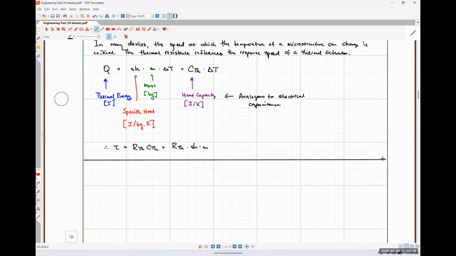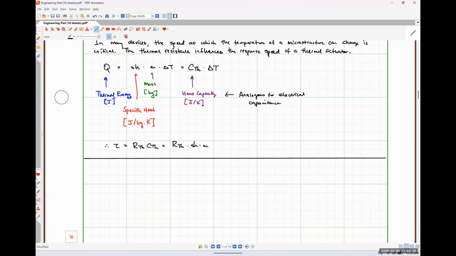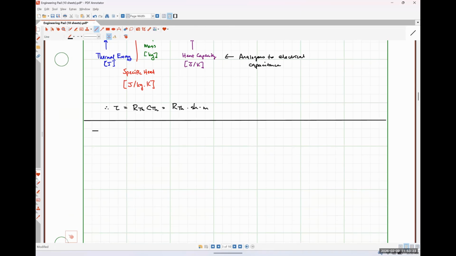Instead, let's talk about thermal actuation with a single material. So essentially what we're going to have is a displacement generated due to material expansion.